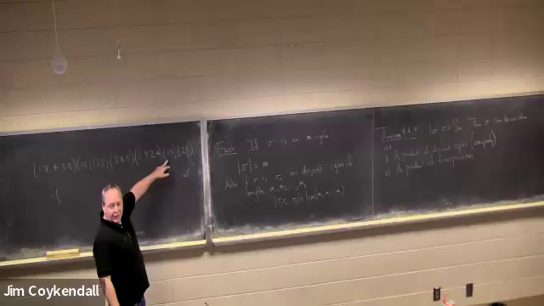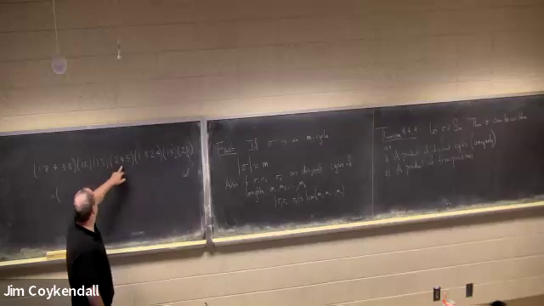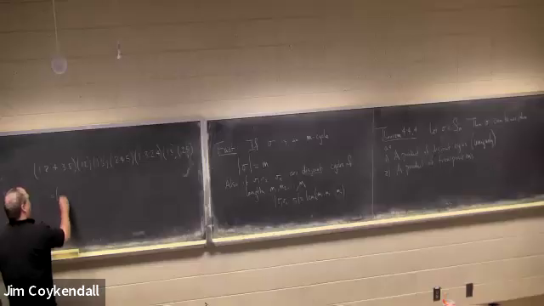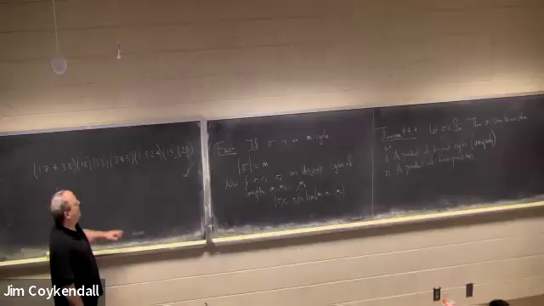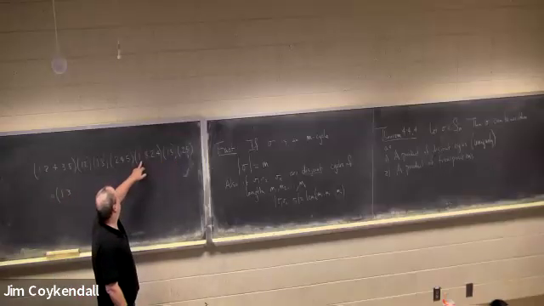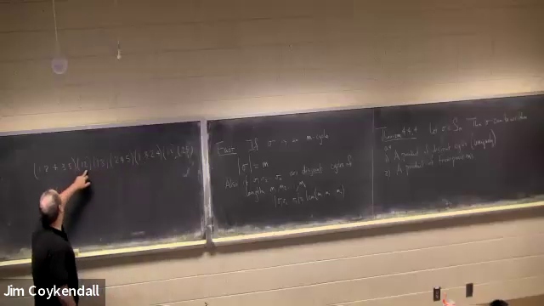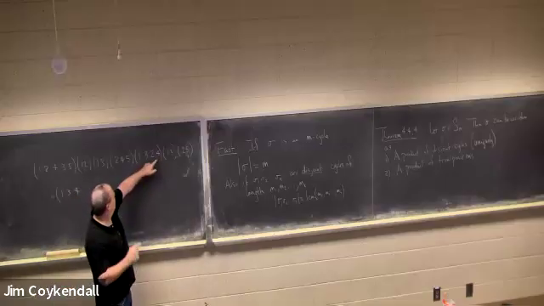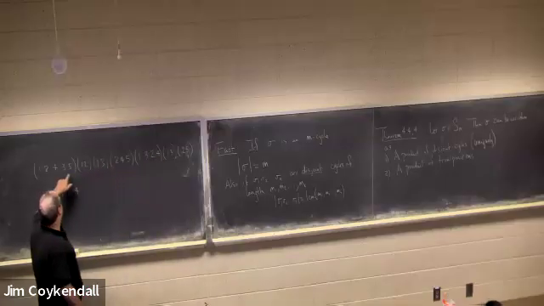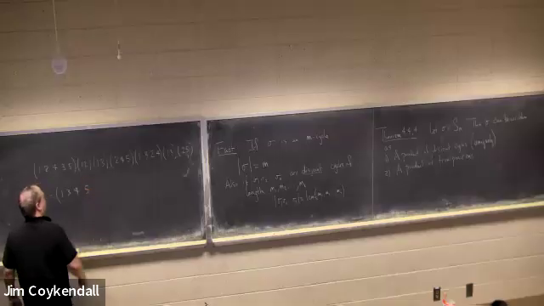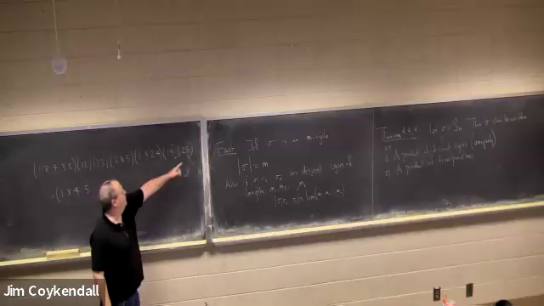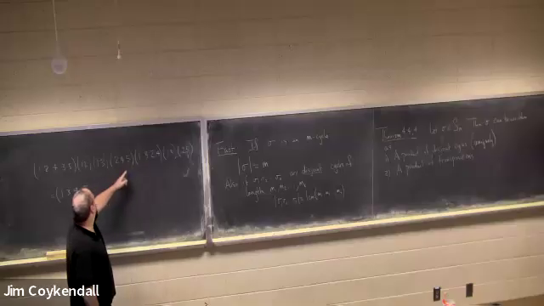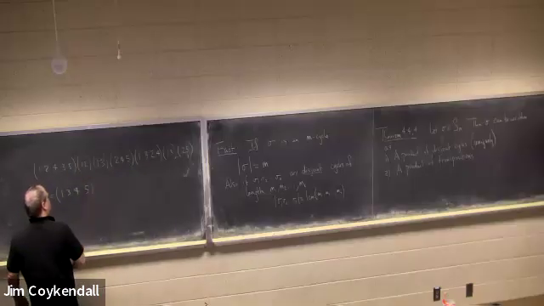Basically, this is a function that goes from 1, 2, 3, 4, 5 to itself. And so what we're doing here is we start with 1, it goes to 3, 2, 4 to 3. 3 goes to 1, 4 goes to 5, 5 goes to 2.